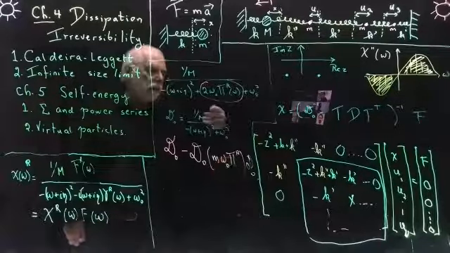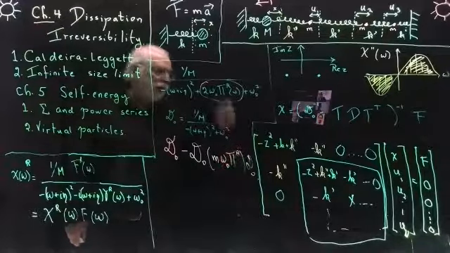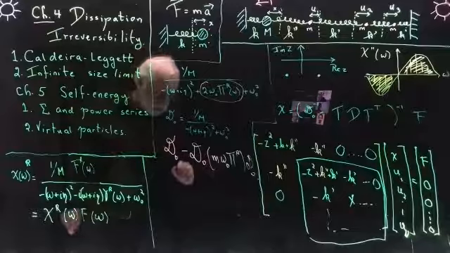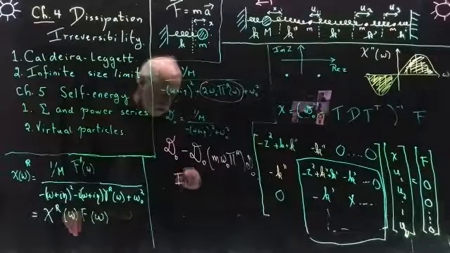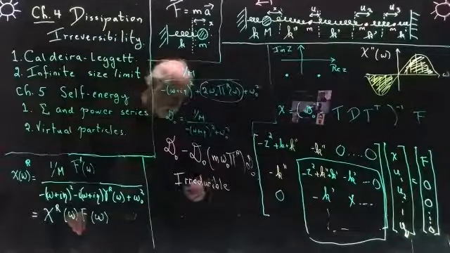But then you go to higher orders, and I know that it has to resum this way. So this object is called the irreducible self-energy.